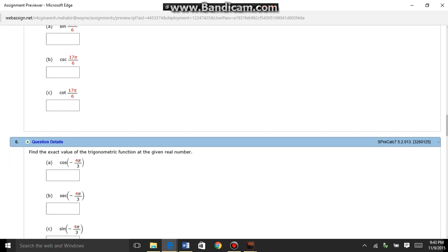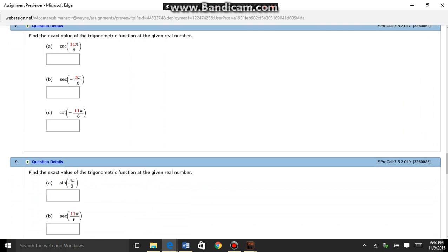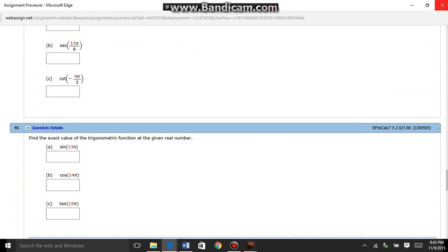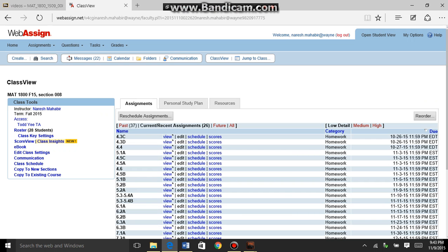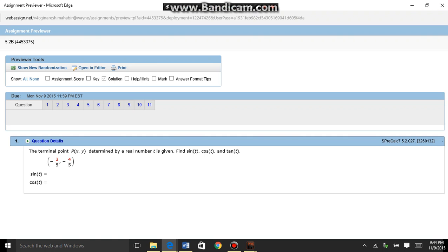Okay, now let's take a quick look at this. What if they said that you have the point, and this is actually another assignment that has come from WebAssign, 5.2b. It says view, and this is actually a really cool assignment right here.